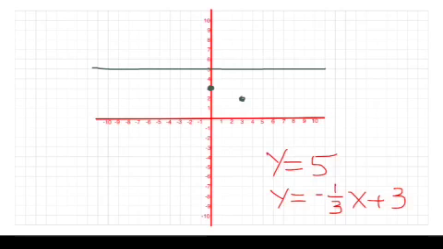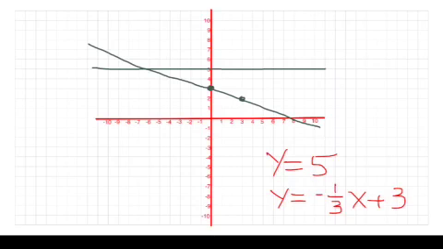Not the straightest line I've ever drawn. Maybe I'll do it one more time. But that'll do it. If you have a ruler, take a ruler and draw these.